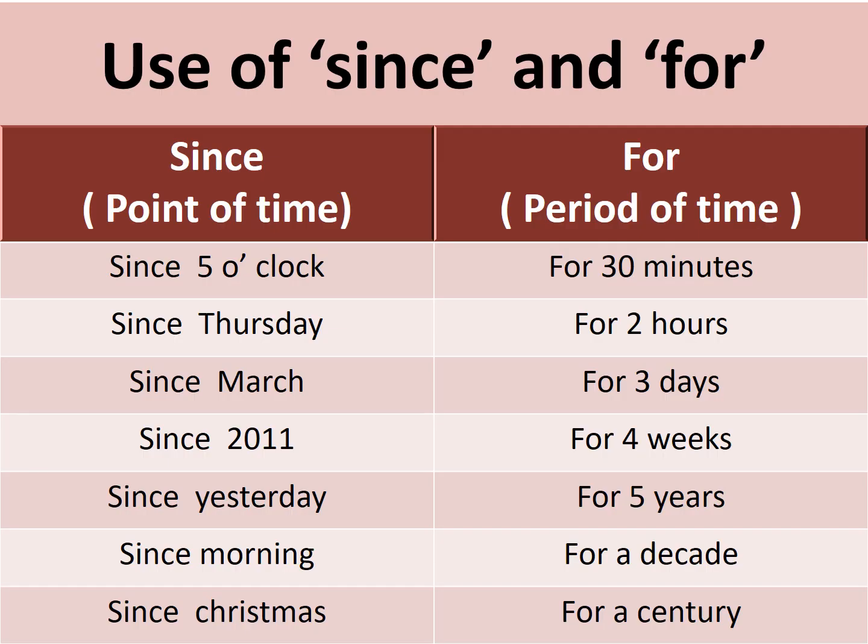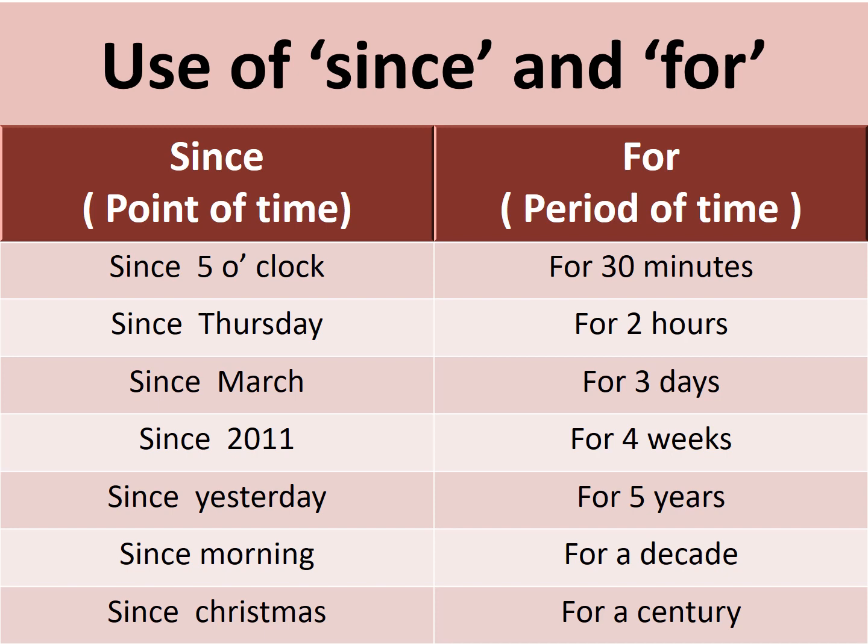In perfect continuous tenses, we make use of since and for. So here, since is used with point of time, when specific time is given. For example, since 5 o'clock, since Thursday, since March, since 2011, since yesterday, since morning, since Christmas.